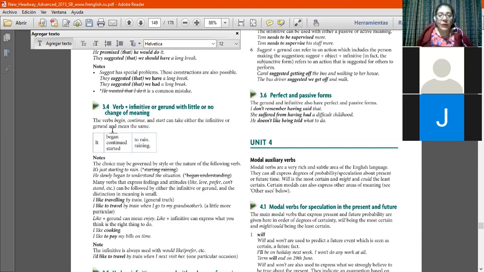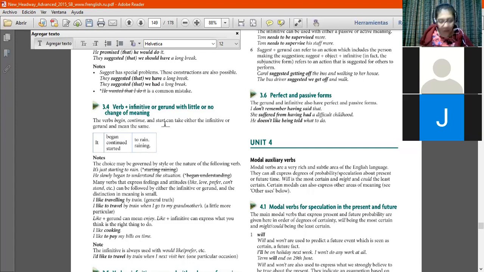So we have the verbs begging. What's begging? It's rogar. No, beg. No, estoy mal. This is double G. Begin is comenzar. Ay, su teacher está mal.